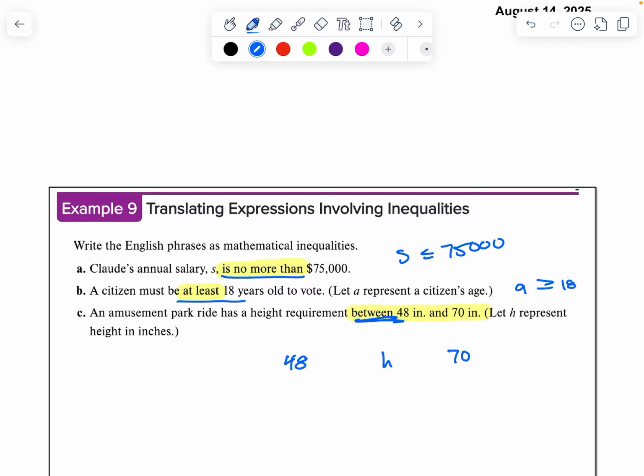So let's say 48 is less than H is less than 70. Here, I would accept less than or equal to. It doesn't really give us enough information to tell us whether they can be exactly 48 or exactly 70. I would read between as strictly less than. Again, if you wrote on your test less than or equal to, I'd accept it.